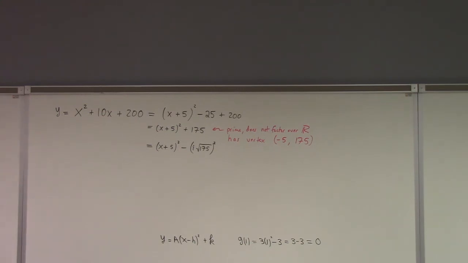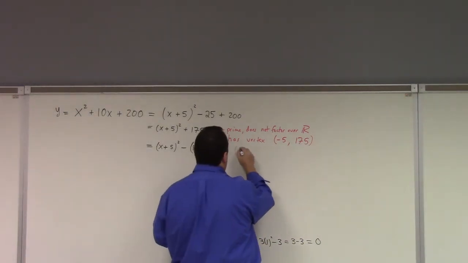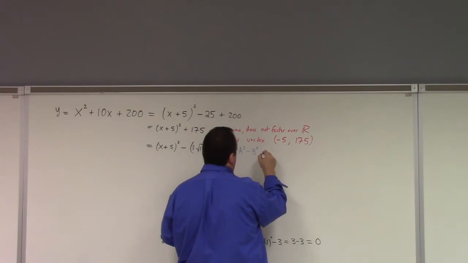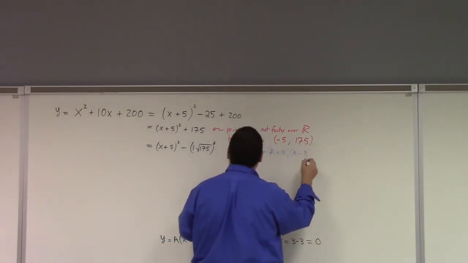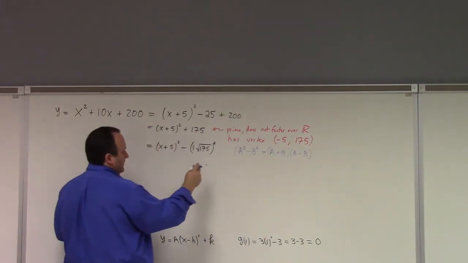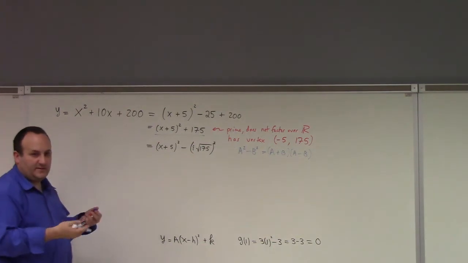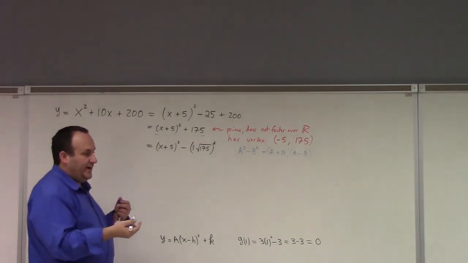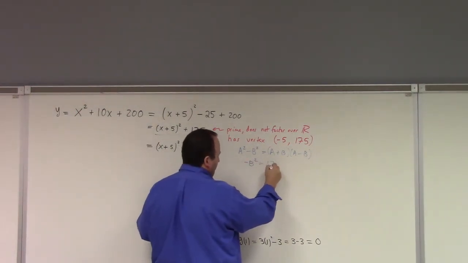The idea is we want to see it as a squared minus b squared, right? Because that's a plus b times a minus b. So if we can see this as a squared minus b squared, then we can factor it. To see that pattern, we have to have minus b squared equal to 175.